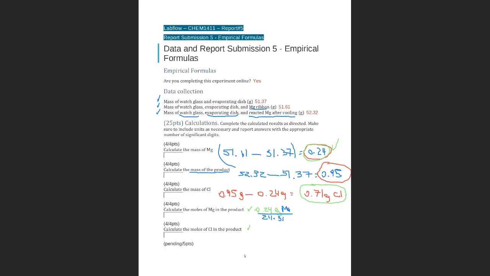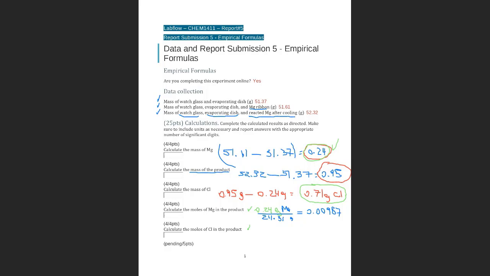24.31. When I do that, I get a number like 0.00987. That's my number, basically 0.0099 moles of magnesium.